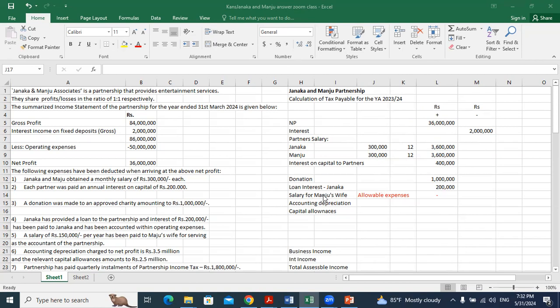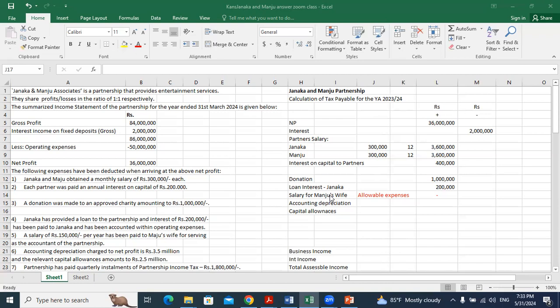See the one other thing. Let's say salary of Manju's wife, this is 150,000. Let's say the amount is 3 million, like 4 million. Then what will happen? A massive amount, but still, as per the act, it is an allowable expense.